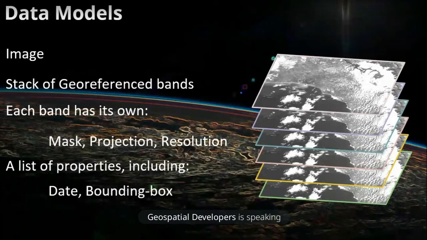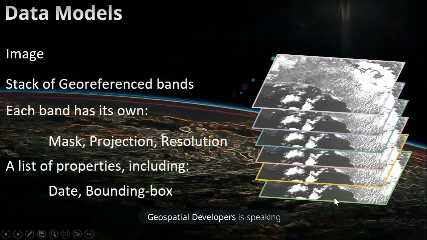All right. The other data type that you can load on Earth Engine is images. This is a typical stack of images in Earth Engine. You can see all these layers of images stacked together, and you can have a drill through.